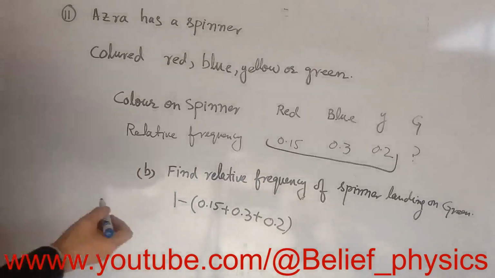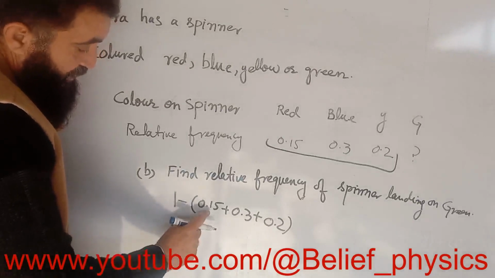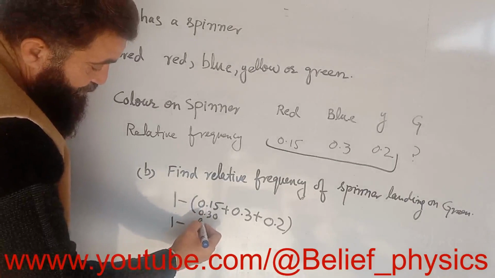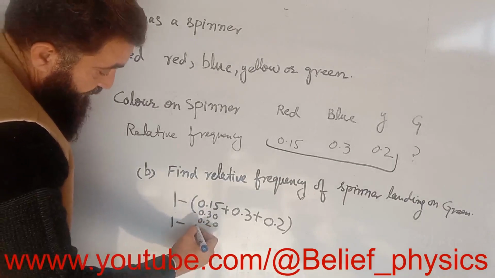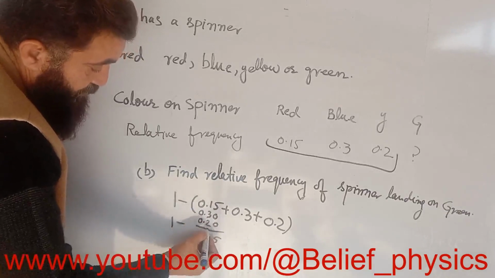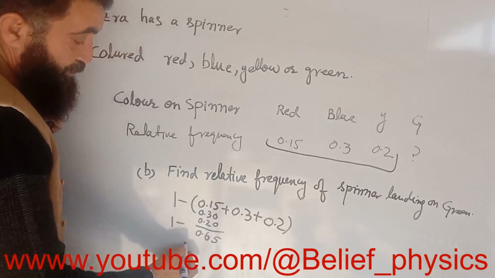So we will add them. There is one question where we can use a calculator. So 0.15 plus 0.3 plus 0.20 actually. We will add them. 5, 3 plus 1 is 4, 4 plus 2 is 6. So it is 0.65. So we have to do 1 minus 0.65.